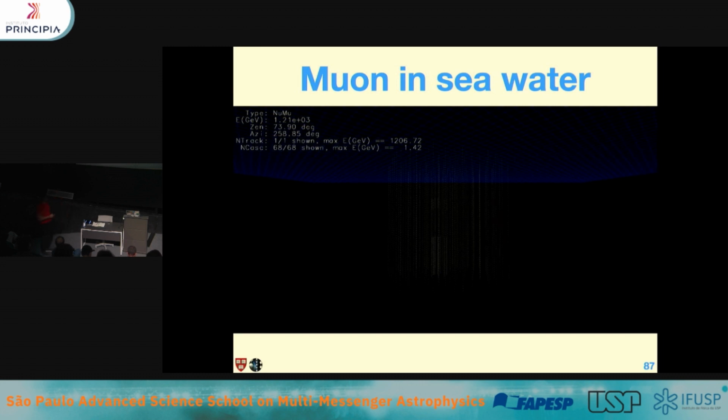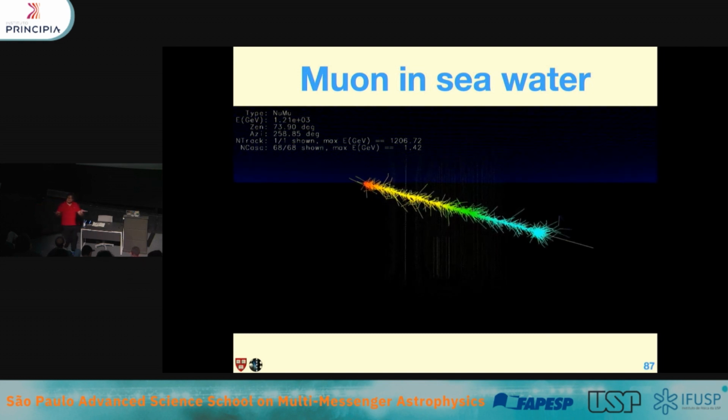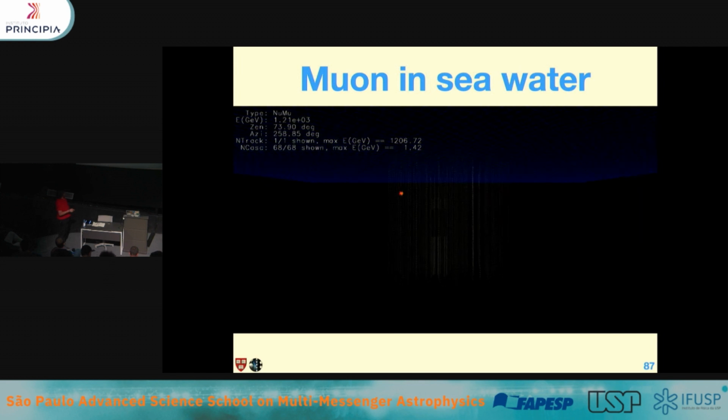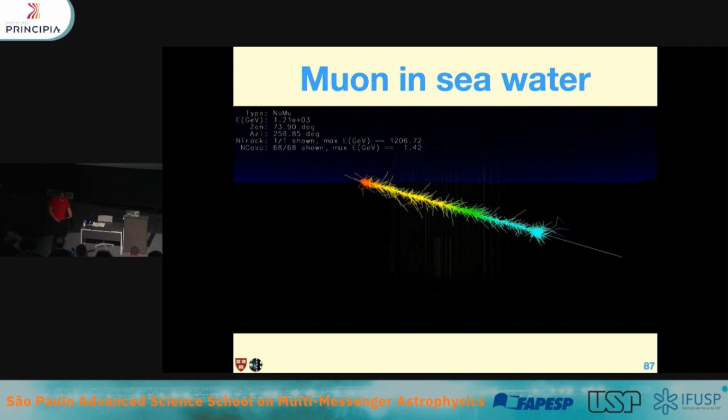So this is the same muon, but now in water. You can see now that the photons are no longer doing this curly motion. They are now going in these sort of straight lines. So the reconstruction problem is much better. This is the reason why water Cherenkov detectors and upcoming neutrino water telescopes are expected to have better angular resolution than ice Cherenkov detectors.